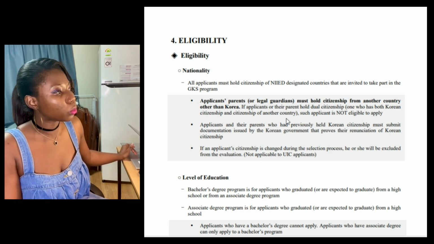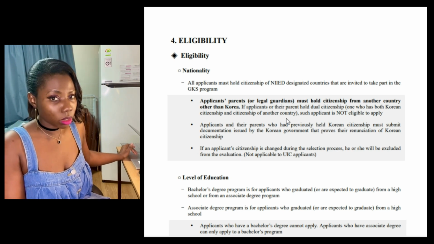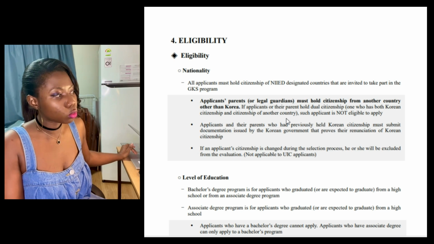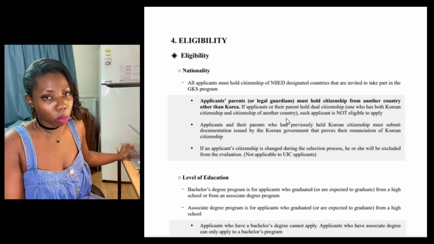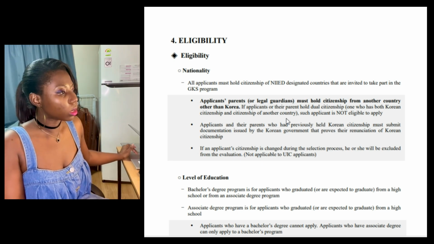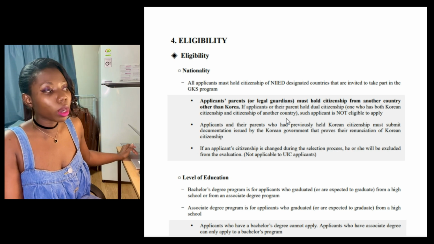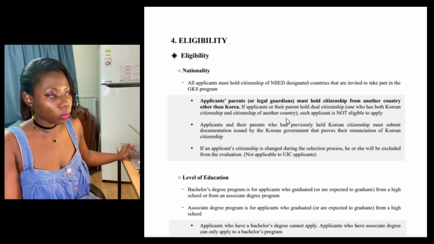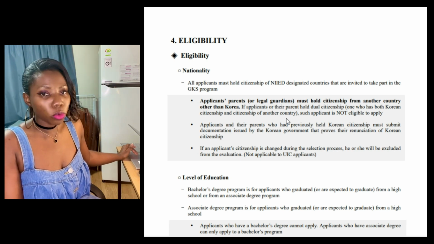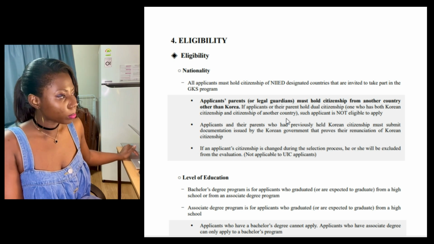So if you don't have a grade that is up to 80% on a 100% scale, then you can ask your school to confirm that you were part of the top 20% of your class. Then the CGPA must be equal to or above 2.64 out of 4, 2.80 out of 4.3, 2.91 out of 4.5, or 3.23 out of 5.0.